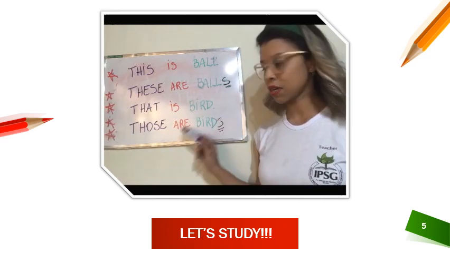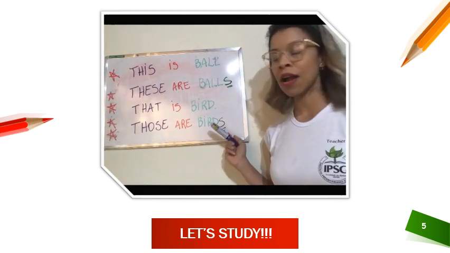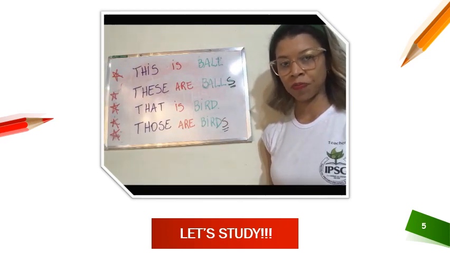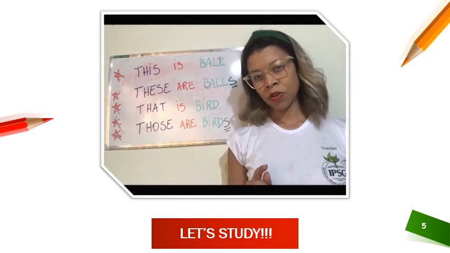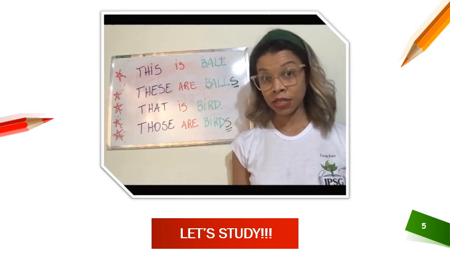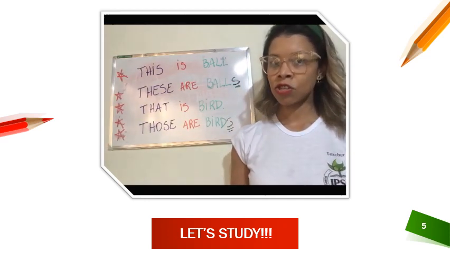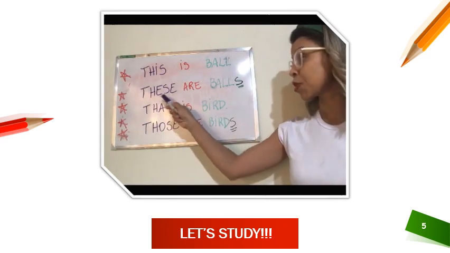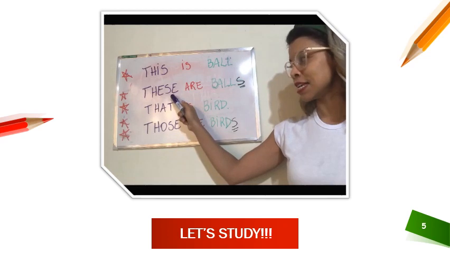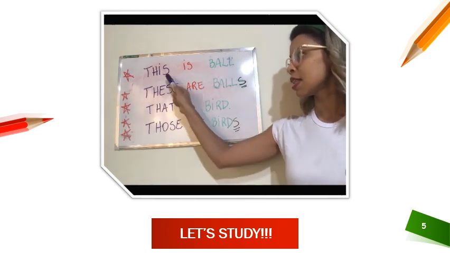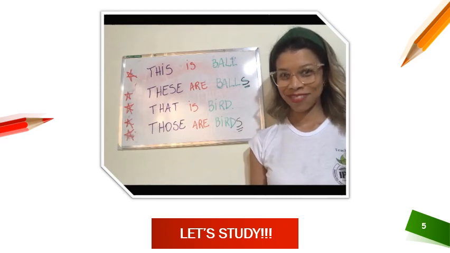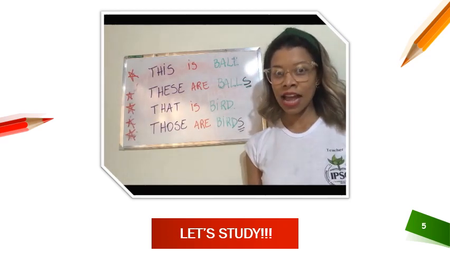That is a bird. Those are birds. Birds are plural. So, students, quando vocês forem construir as frases no exercício, fiquem atentos quando a gente vai usar o is and are. Are nós usamos quando for those and these, e o is, this and that for singular. Okay? So, let's do the exercise.